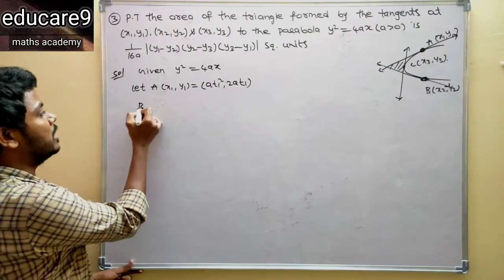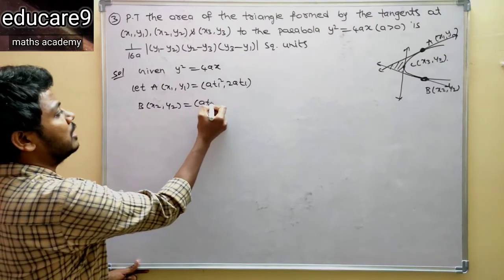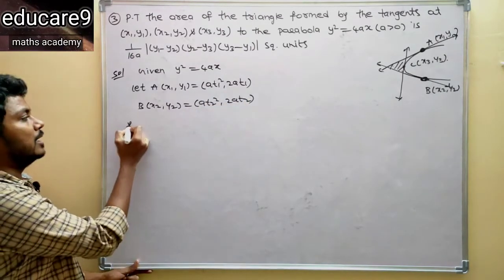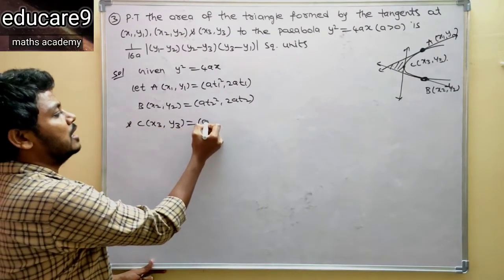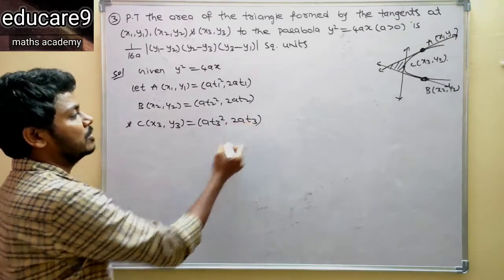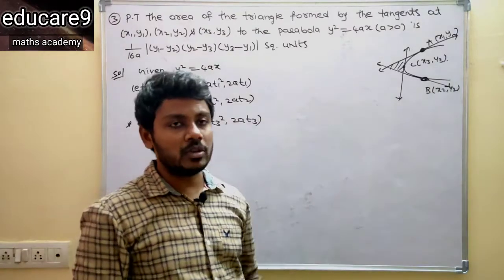Next, B x2 comma y2 is at2 square comma 2at2, and C x3 comma y3 is at3 square comma 2at3. So these are any 3 points on the parabola.